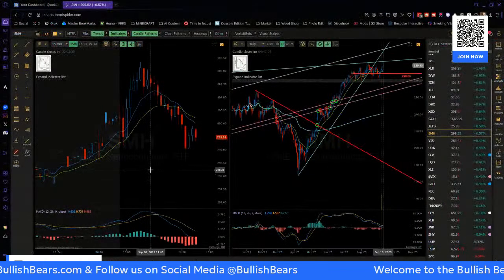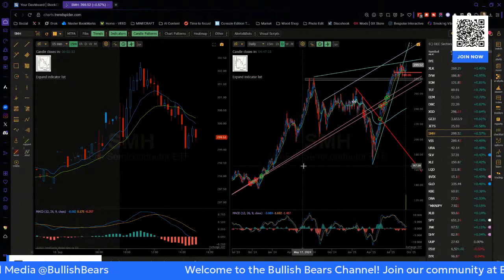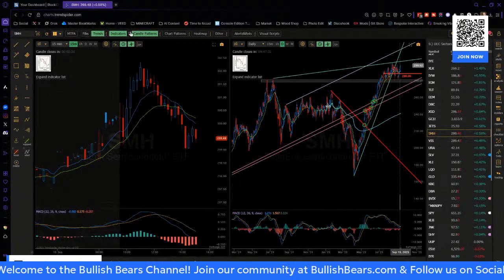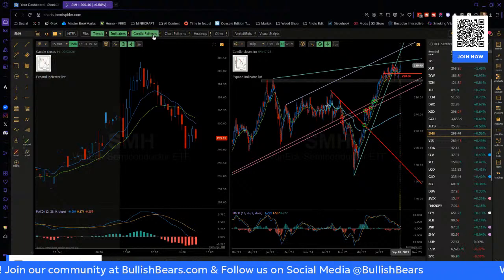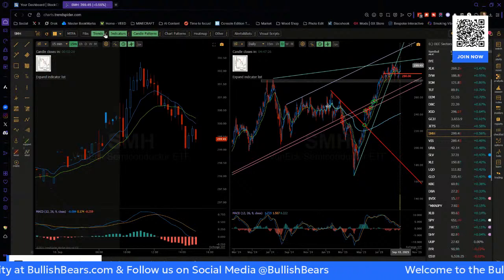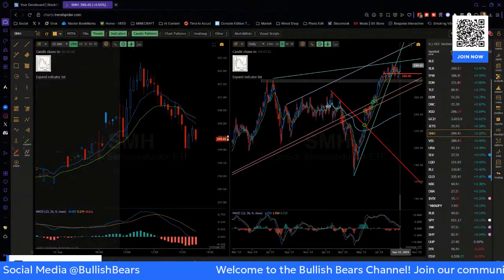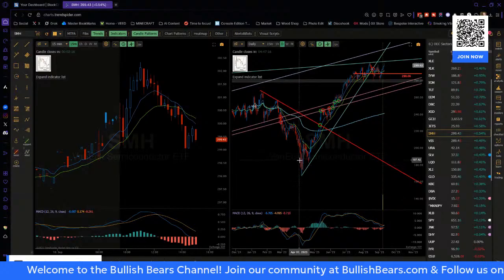But when I started trading, I had access to TrendSpider from like the beginning. And every time I doubted if I was drawing a good trend line, one of the things that I would do is I would come over here and I would tell this thing to draw a trend line, and I'd see if mine lined up with theirs.